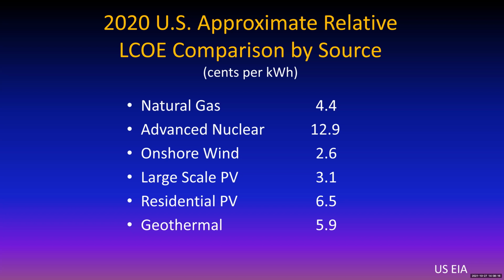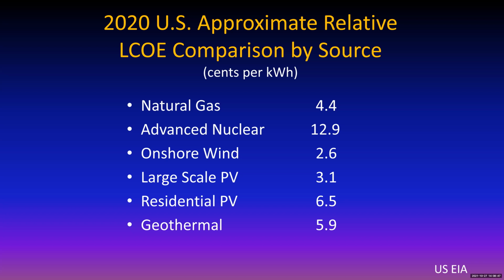Okay, so as you see, natural gas is still relatively inexpensive. Advanced nuclear is pretty expensive on a levelized cost of energy. Forget about the issues of nuclear waste and so forth. I don't mean to speak for or against nuclear, but the price says something that would explain why a whole lot more nuclear plants are not being built right now, especially if you can build onshore wind for 2.6 cents a kilowatt hour.